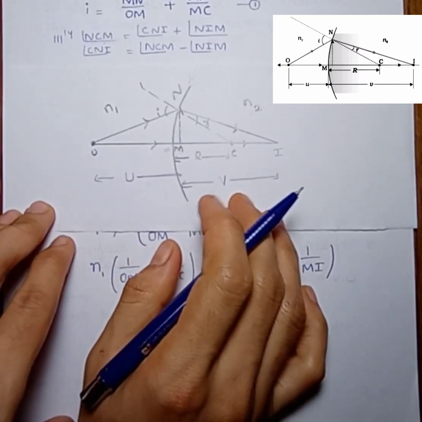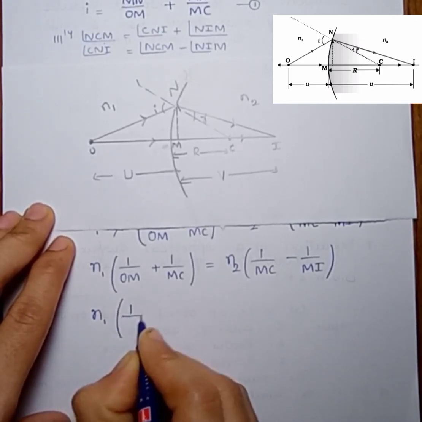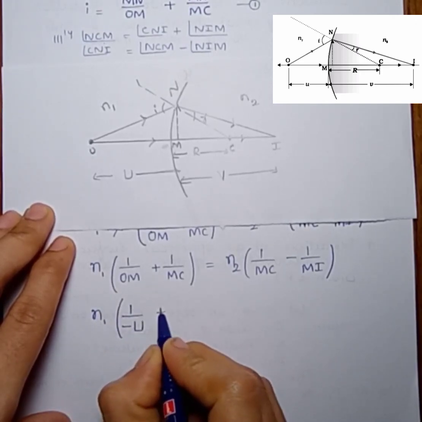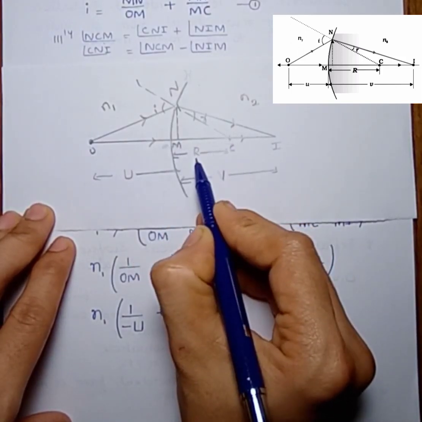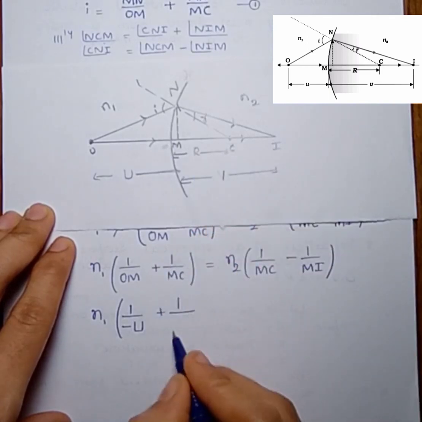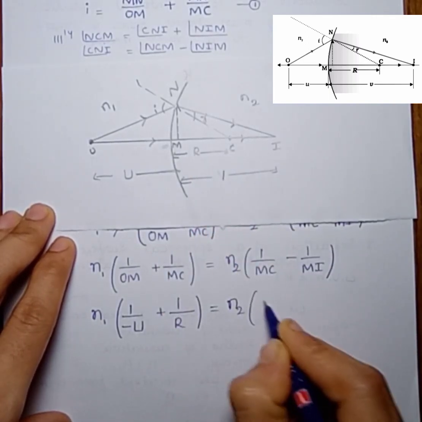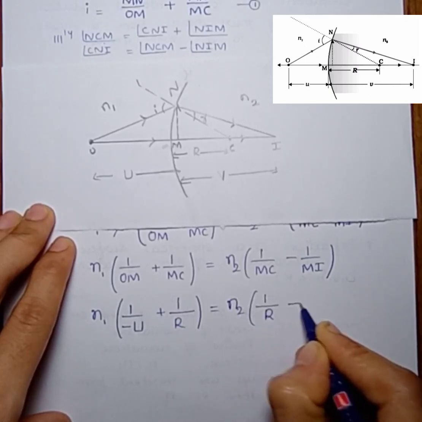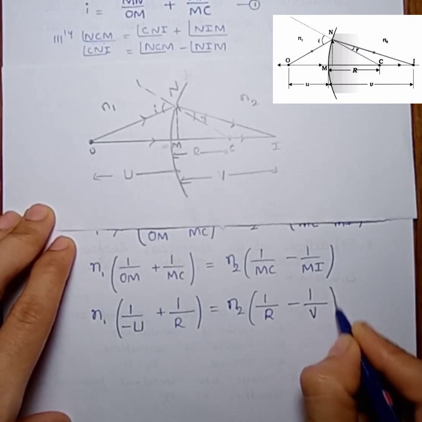By sign convention, the object distance on the left side of the spherical surface we take as negative. So this gives N1 into 1 divided by minus U plus 1 divided by MC, which is on the right-hand side and equals the value of R, is equal to N2 into 1 by R minus 1 divided by MI, which is the value of V.